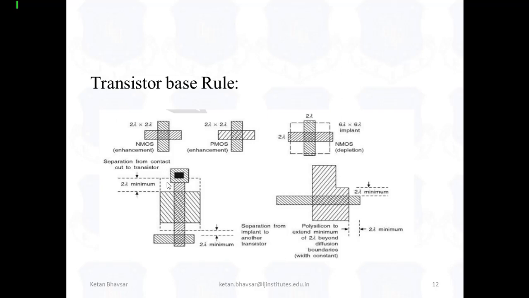As you can see, the minimum area between the contact is 2 lambda, and 1 lambda. It's 2 lambda minimum when you're talking about a diffusion area. So these are the rules when we're talking about a specific transistor based concept. Now what are contact cuts? Contact cuts are used to provide the conductivity between two regions.